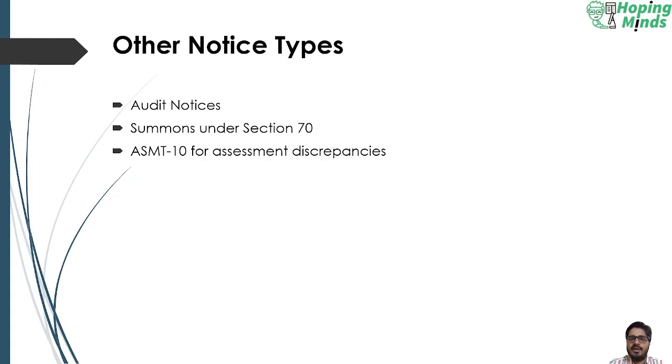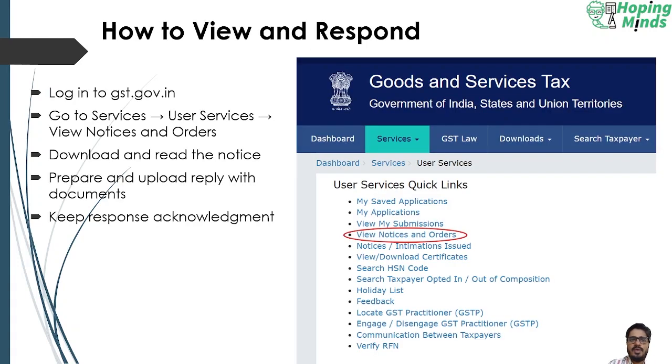Then ASMT 10 for assessment discrepancies. ASMT 10 is a scrutiny notice intimating the discrepancies in the GST return along with tax, interest and penalty, if any applicable. So how to view and respond to the notices issued by the GST department?